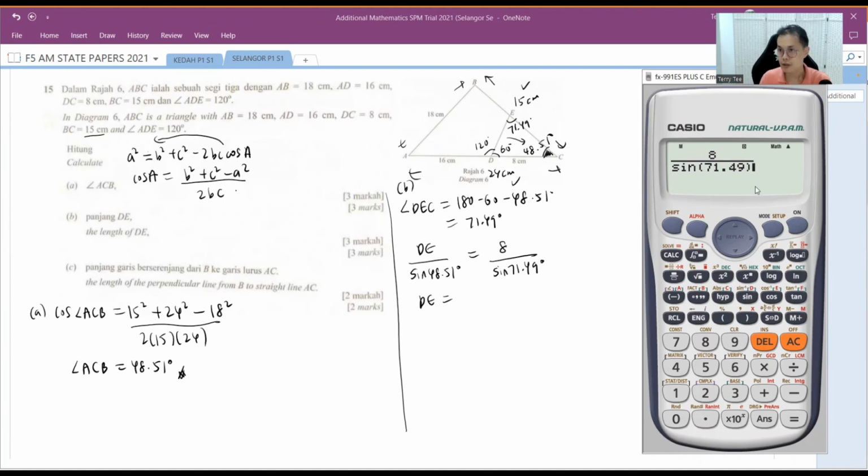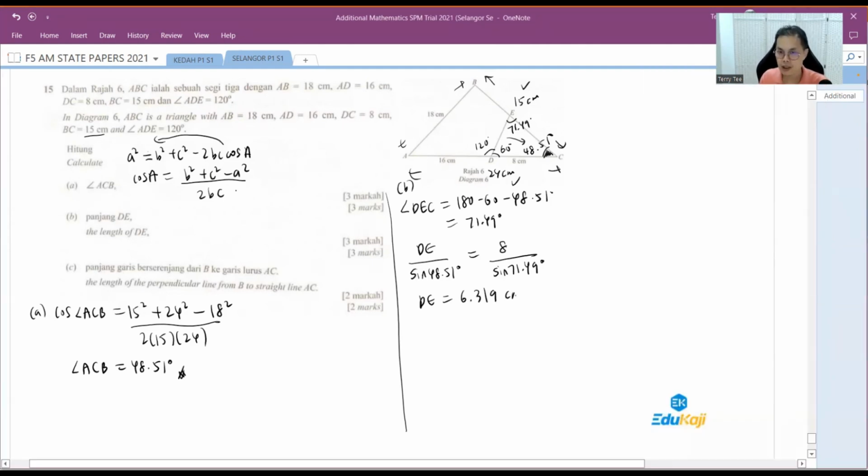Okay, calculator must be in degree mode. Then you multiply by sine 48.51. Okay, whatever I get, there you go, 6.319.